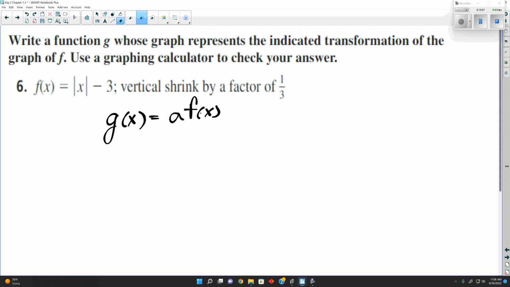In our vertical stretch, the general form is a times f of x, where a is 1/3.